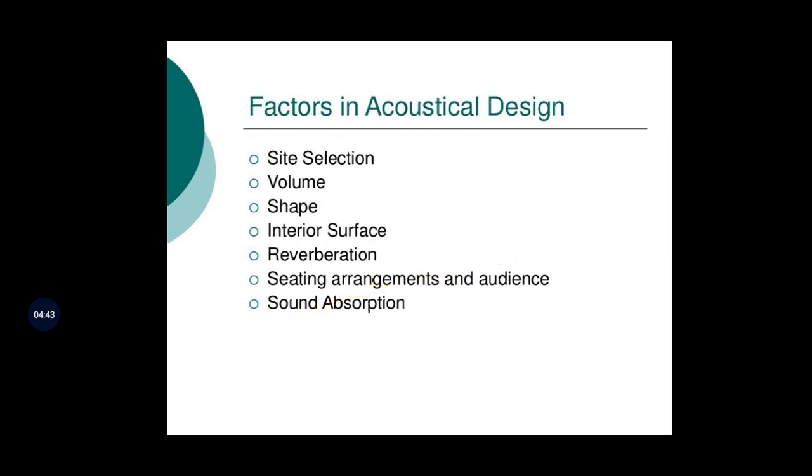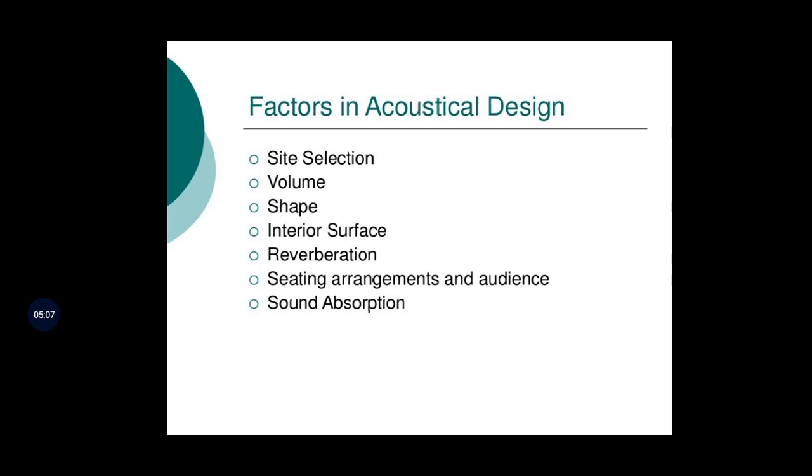Moving ahead, the factors in acoustical design. What are the factors in acoustical design? The first one is site selection, because before planning any project, first a survey is done for site selection. So what is site selection?